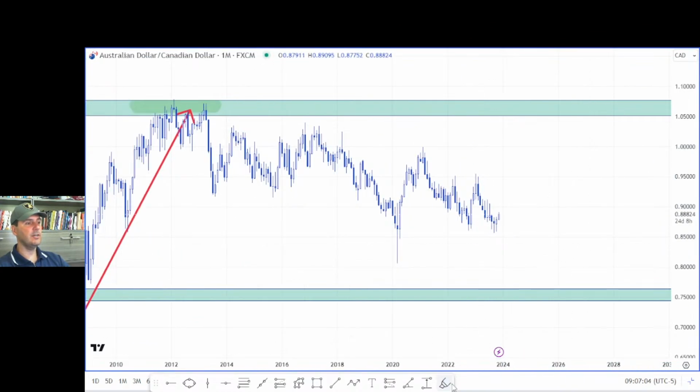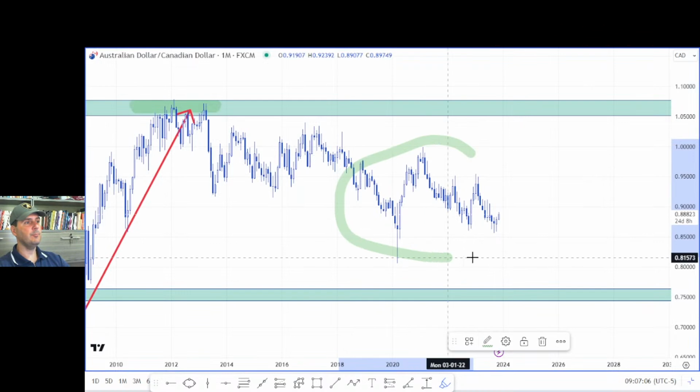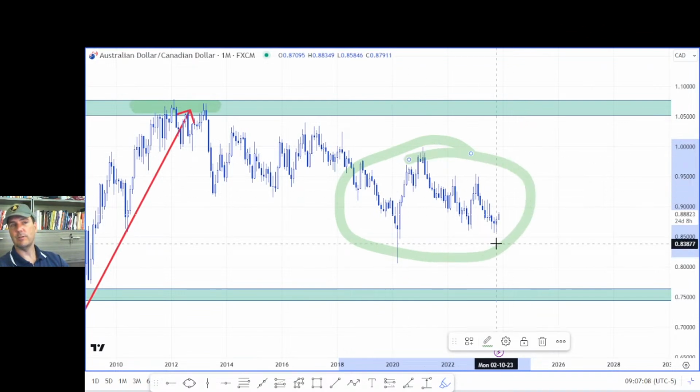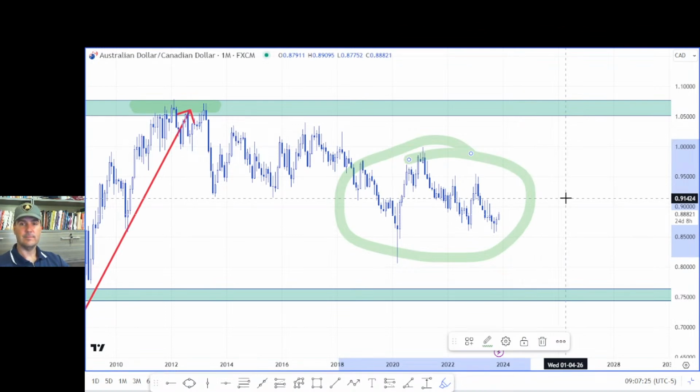Type in the chat, are we in an uptrend or are we in a downtrend? What do you think? And then we're going to build black and white rules, not subject to interpretation. Type in the chat, we are in an uptrend or we are in a downtrend. There is no right or wrong. What do you think?